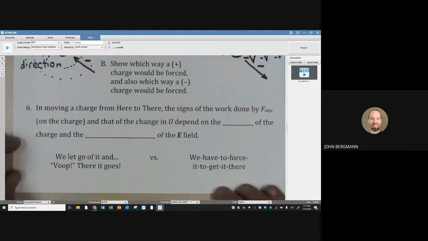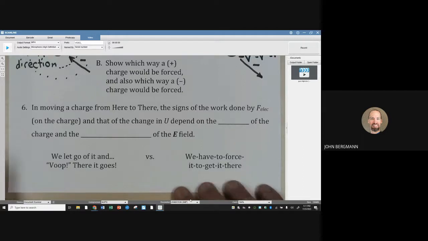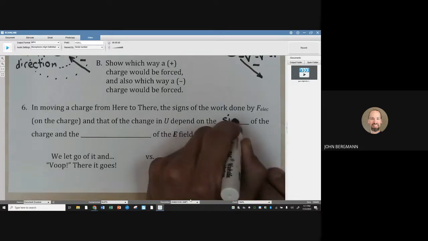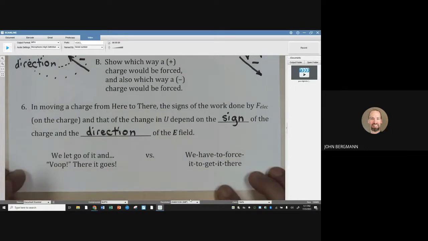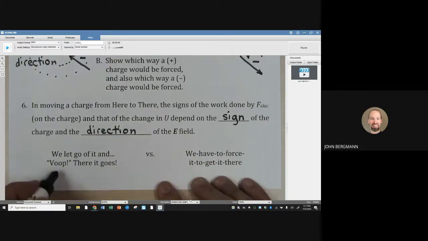Let's finish with part 6 here. In moving a charge from here to there, the signs of the work done by the electric force on the charge and that of the change in potential energy depend on the sign of the charge and the direction of the electric field. So if we have a charge and we let go of it and whoop, there it goes, that's because the electric force is doing positive work.